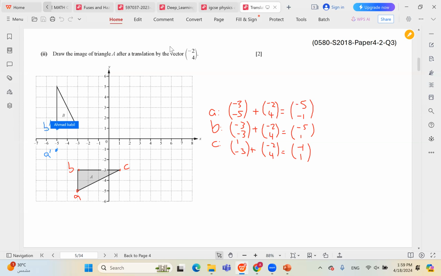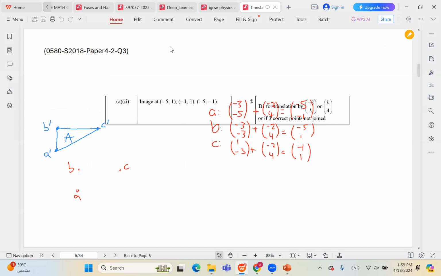And then for C dash, it's -1 and +1. So this is C dash right there. And we can just draw the triangle like this and label it triangle A. So -5 and 1, -1 and 1, and -5, -1 are the correct choices here.